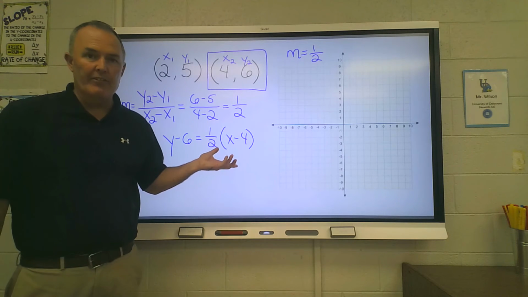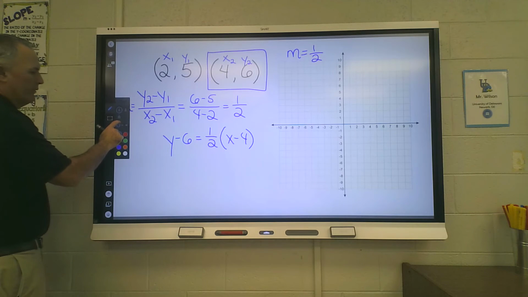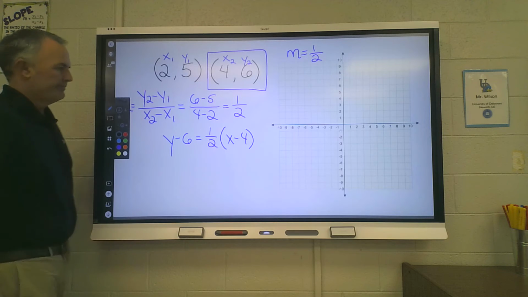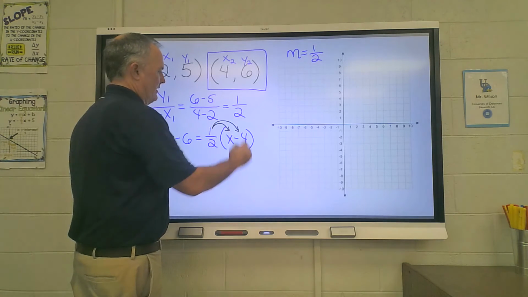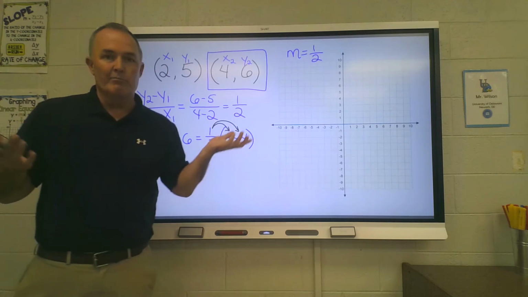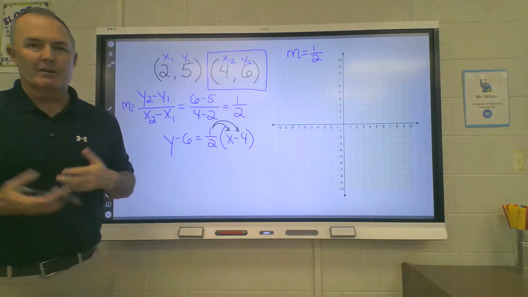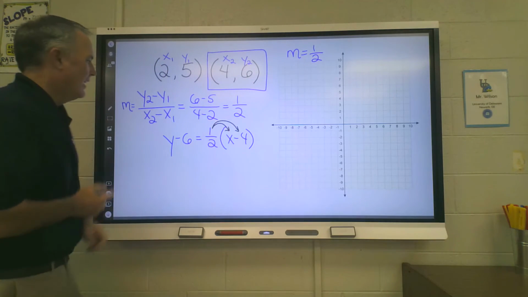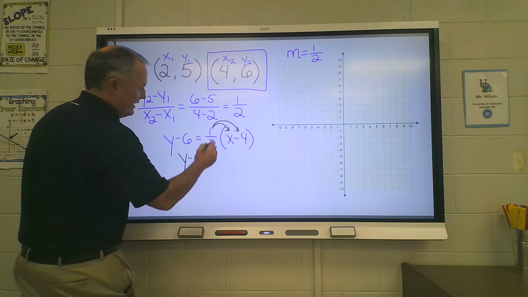Once again, I can't really graph that, but I can convert this into slope-intercept form. I'm going to distribute this side. I could have taken 1/2 of 2 and gotten 1, but just in case, whenever you have a number up here, it can easily go into one of those numbers. Just choose that instead.